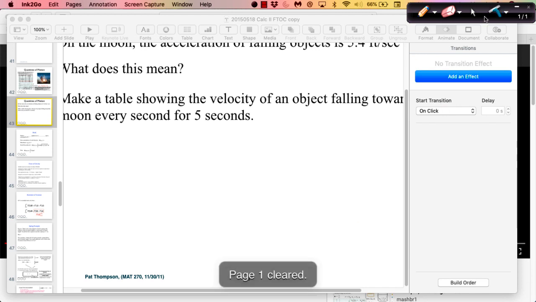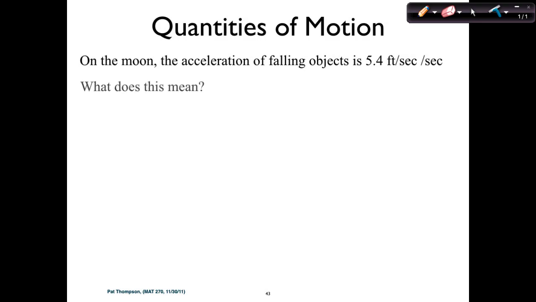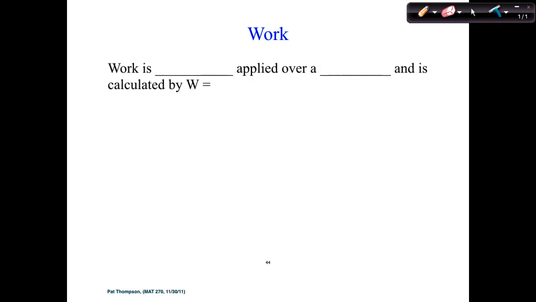Okay, so let's review. We're talking about work now. Let's kind of review a little bit where we've been here. So work is something applied over something, and how is it calculated? Work is force applied over a distance, right? And it's calculated by just the general formula for it.